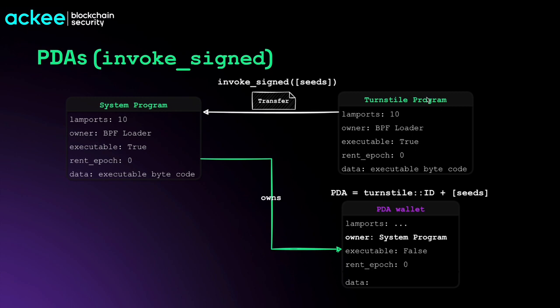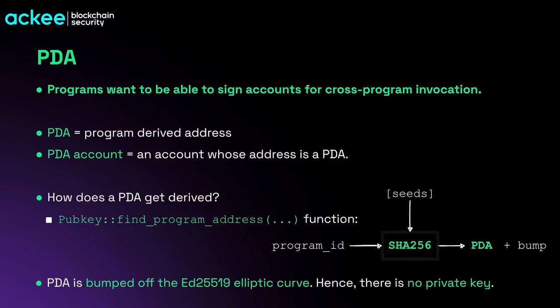And as I said before, we can do this invoke sign just by specifying the seeds that we used to generate our PDAs, without supplying a private key for our PDA wallet. Because in every scenario, the PDA address does not have a private key.